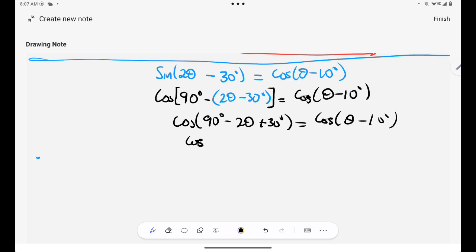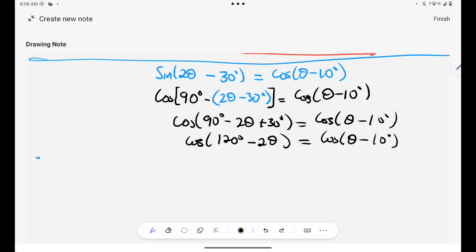So I'll simply have cos of 90 plus 30 will give me 120 minus 2 theta is equal to the cos of theta minus 10 degrees. Okay, the trig ratios are the same, therefore I must just deal with angles, but I will only express my solution where cos is positive because I'm dealing with cos here. Does it make sense?